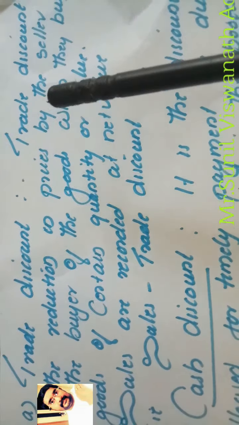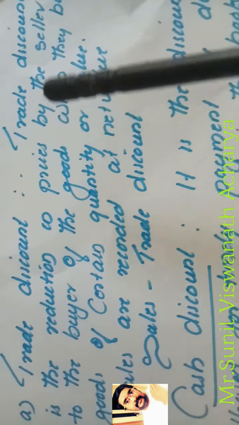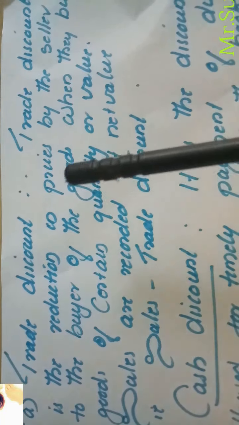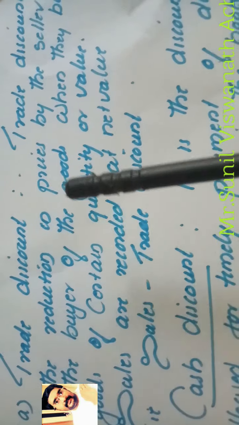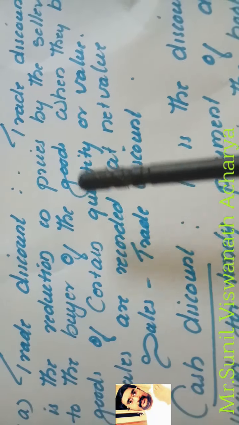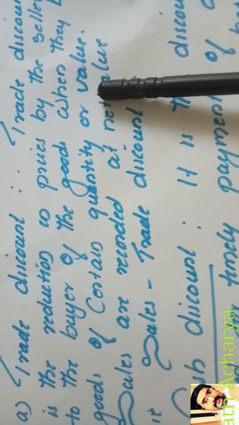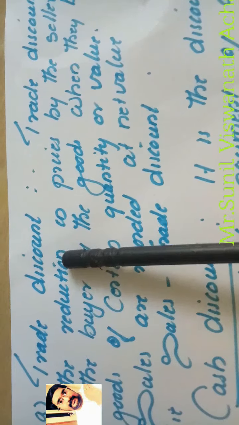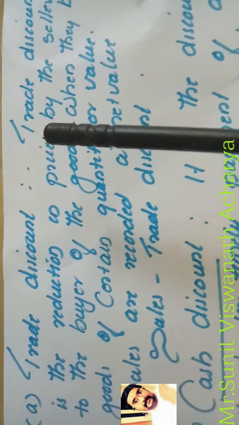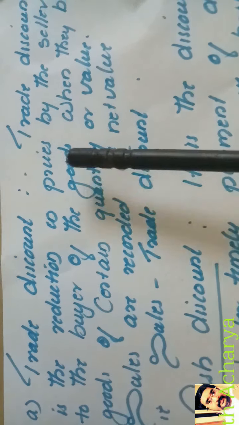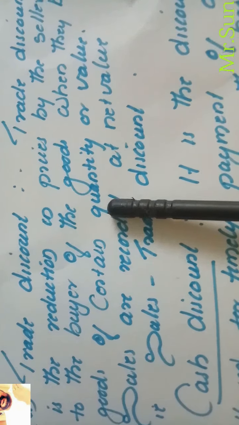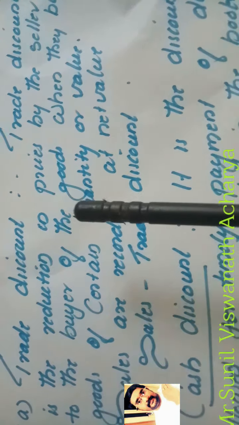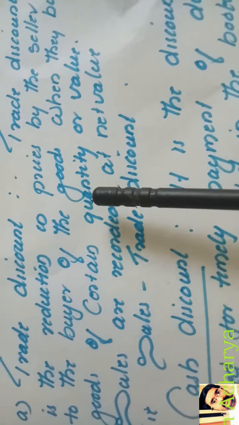That means when any buyer purchases goods from a seller, the seller will give some reduction. Why is he giving the reduction? Because the buyer will purchase a large quantity of goods. Such a discount we call trade discount. So trade discount is a deduction given from the price for increasing the bulk quantity of sale.